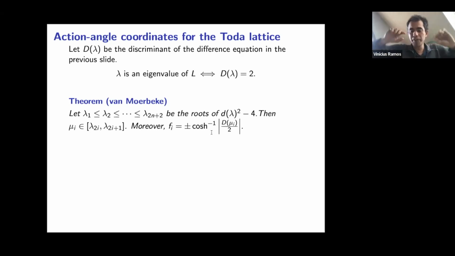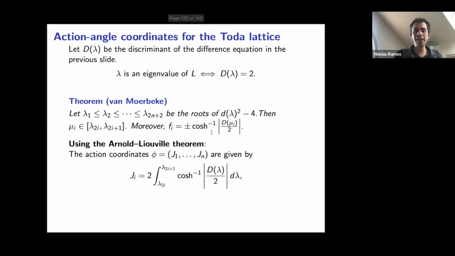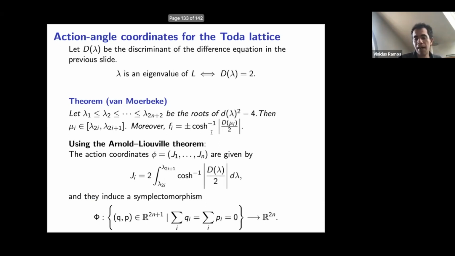Here, if you're a little careful, you see the circle that you need to take to get your action coordinate. Now we can use the Arnold-Liouville theorem and we get these action coordinates, which will just be the integral from lambda 2i to lambda 2i plus 1 of this inverse hyperbolic function. Of course, there are several steps that I'm skipping, but I want to show you the expression of the action coordinates. And they will induce a symplectomorphism by the Arnold-Liouville theorem plus regularization theorems.